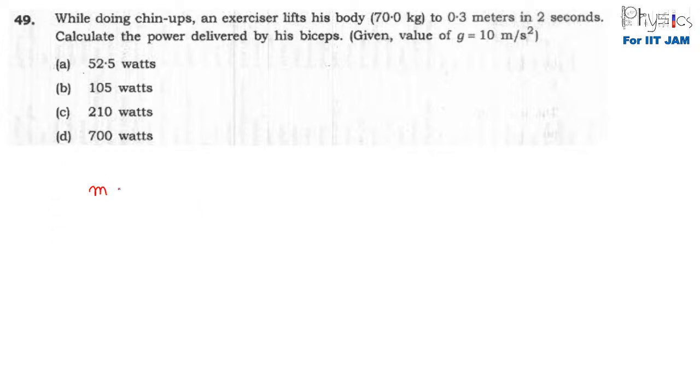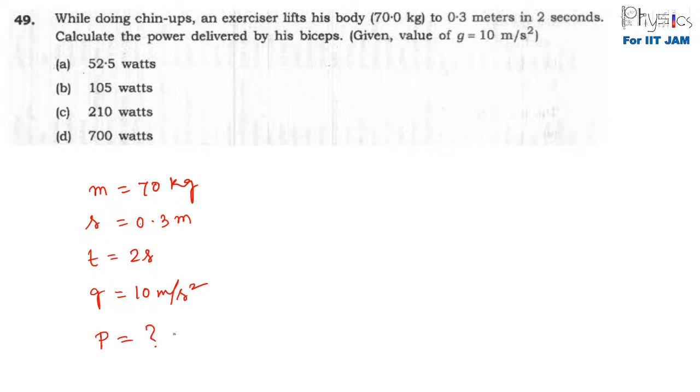So here we have m equals 70 kg, s equal 0.3 meters, t equal 2 seconds, g equal 10 meter per second square, and we have to find what power is delivered by his biceps.